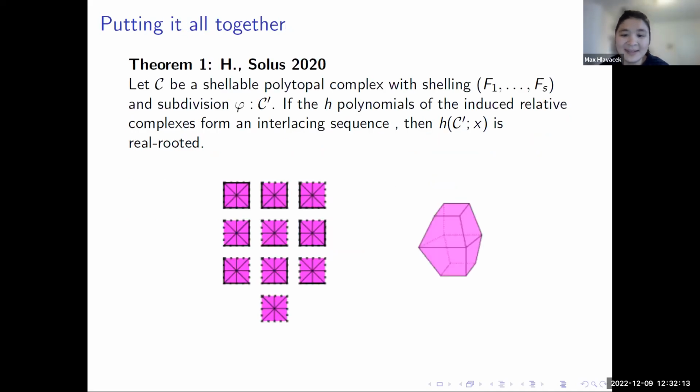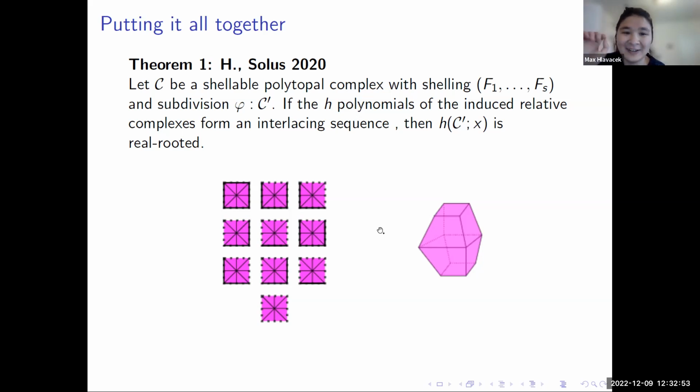So this brings us to the framework theorem that Liam and I have. What this is saying is that if I have a shellable polytopal complex with a specific shelling, and I also take a specific type of subdivision of each of the faces, if the h-polynomials of the bite-sized pieces I constructed from the shelling form an interlacing sequence, then the h-polynomial of the whole subdivided thing is also real-rooted.